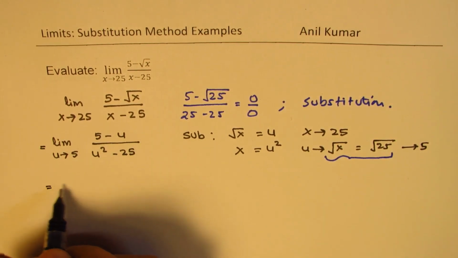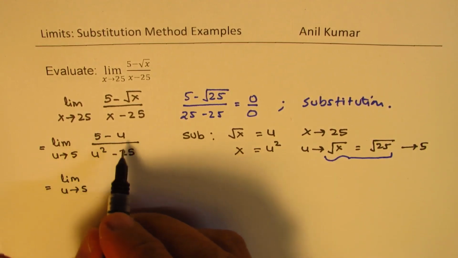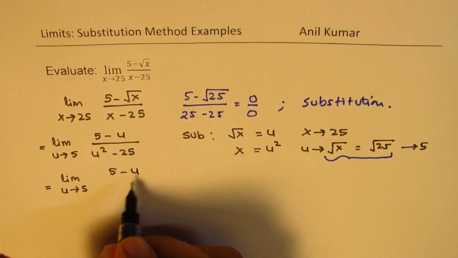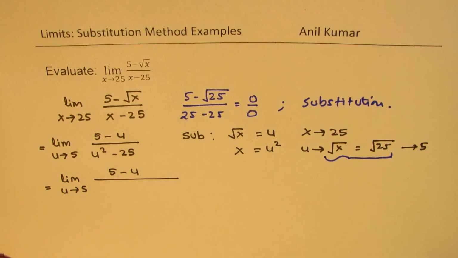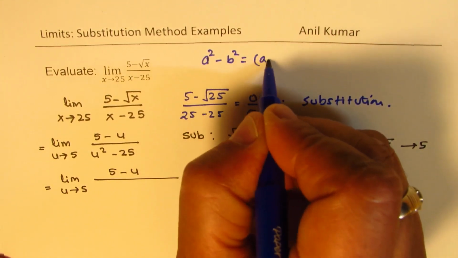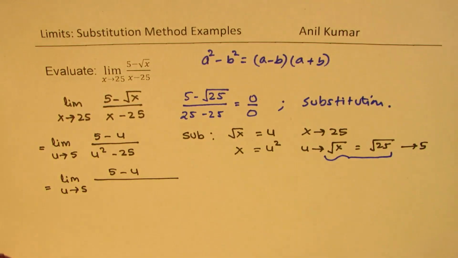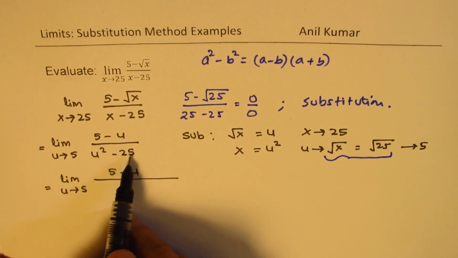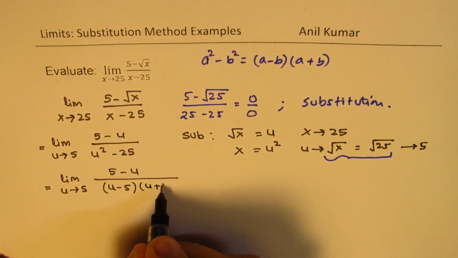What you really see here is that we are still doing factoring. We have 5 minus u in the numerator. The denominator is a difference of squares. We know a squared minus b squared equals a minus b times a plus b. That is the difference of squares, which we apply here, so it can be factored as u minus 5 times u plus 5.